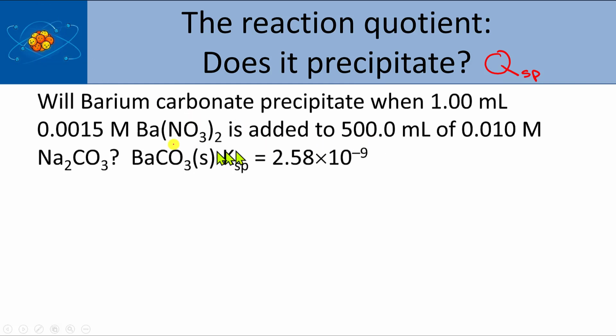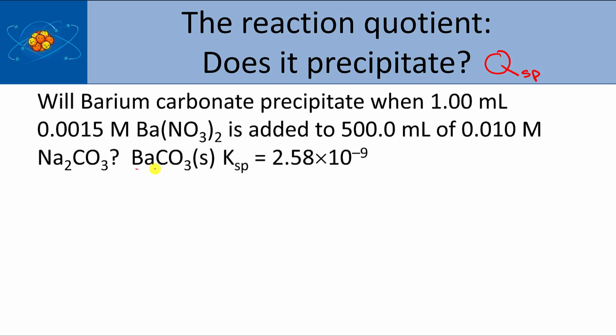It says, will barium carbonate precipitate when 1 milliliter of 0.0015 molar barium nitrate is added to 50 milliliters of 0.010 molar sodium carbonate? Now, what you have to get good at in these problems is recognizing what you're dealing with when you're looking at concentrations and volumes of substances.